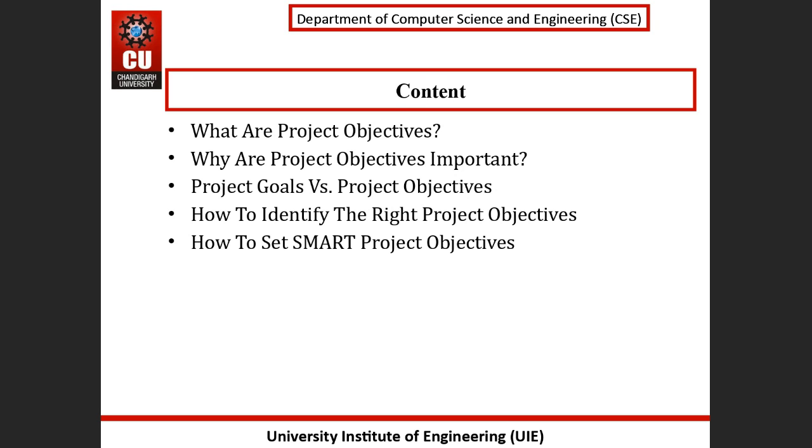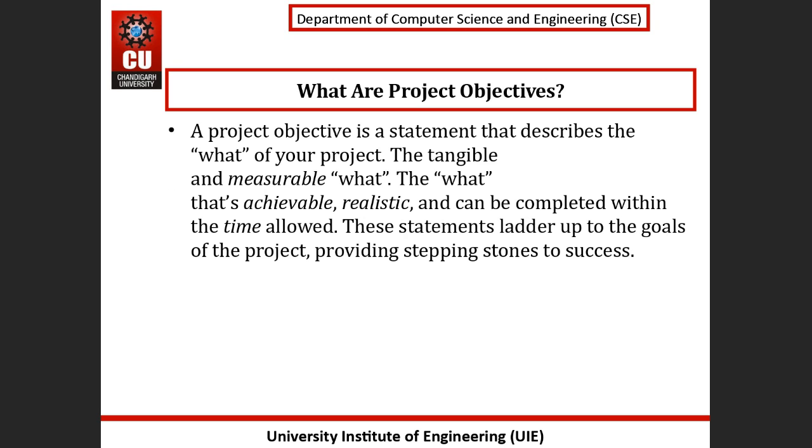First of all, we will discuss what are project objectives. A project objective is a statement that describes what we will do in the project, tangible and measurable, that's achievable, realistic, and can be completed within the time allowed.